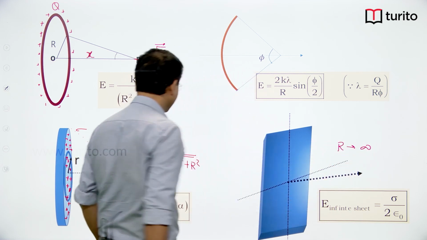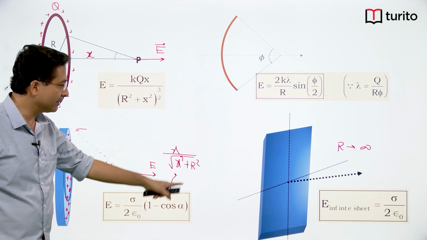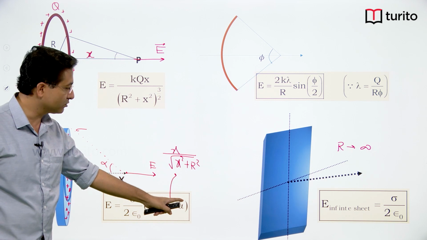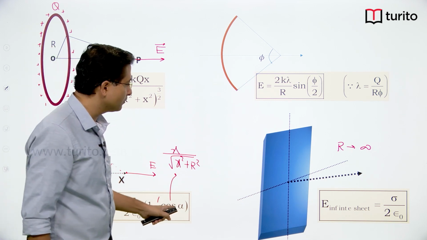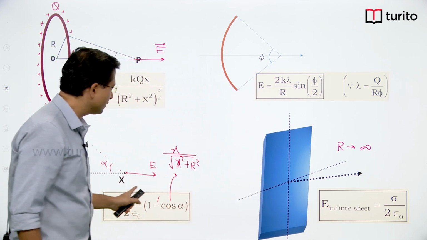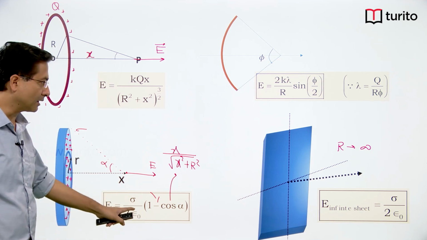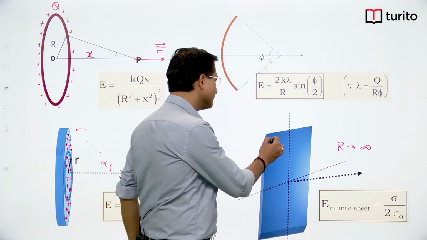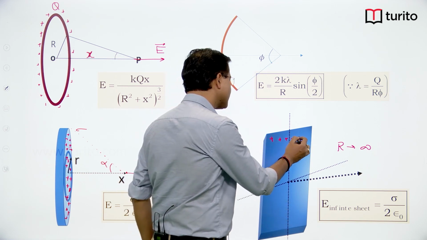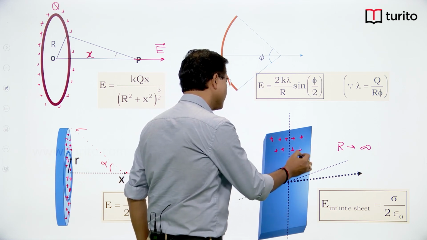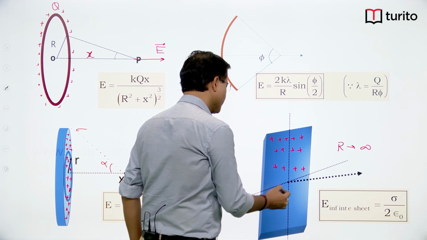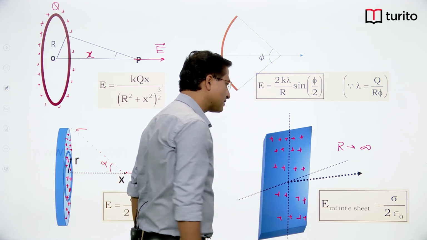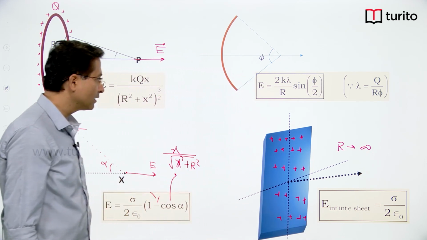If r tends to infinity, this whole term turns to 0, and we are left with only sigma upon 2 epsilon naught. So the field due to an infinite charge sheet of surface charge density sigma is given by sigma upon 2 epsilon naught.